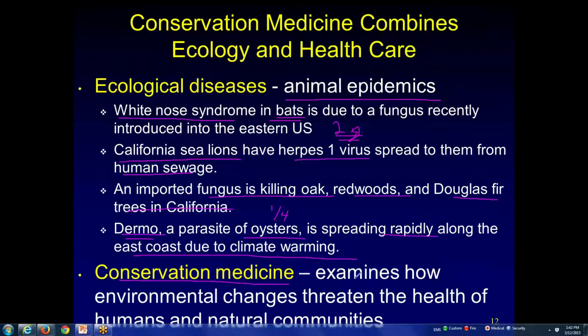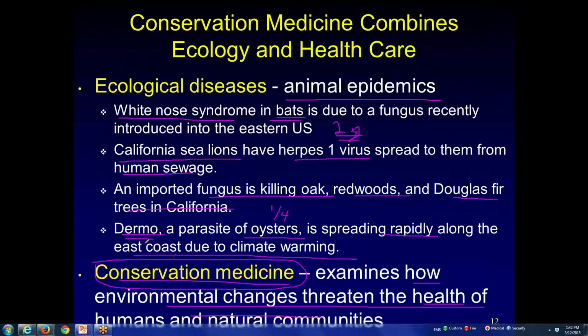Conservation medicine, we're looking at how environmental changes threaten the health of humans and natural communities. This is a new area of discipline that's really popping up because so many diseases are emerging. So we want to look at how environmental changes such as global warming, climate change, and other things like that lead to other changes that then eventually threaten the health of humans and other natural communities.